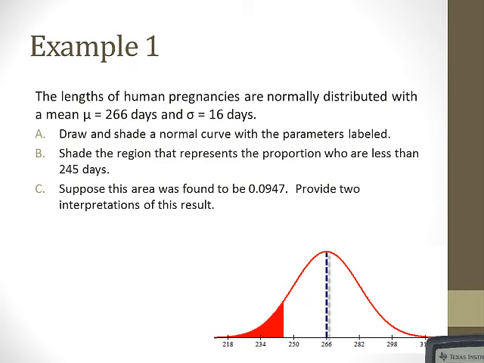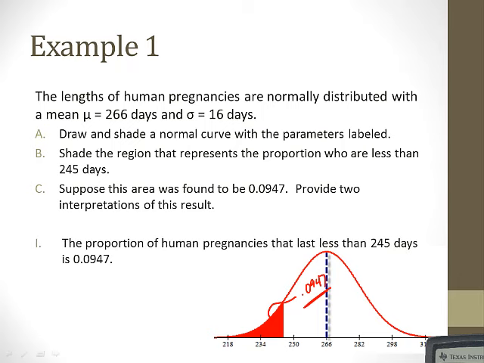Suppose the area was found to be 0.0947. So suppose I crunch that out and it turned out to be 0.0947. What does that mean? Provide 2 interpretations of this result. One interpretation is that the proportion of human pregnancies that are less than 245 days is 0.0947.